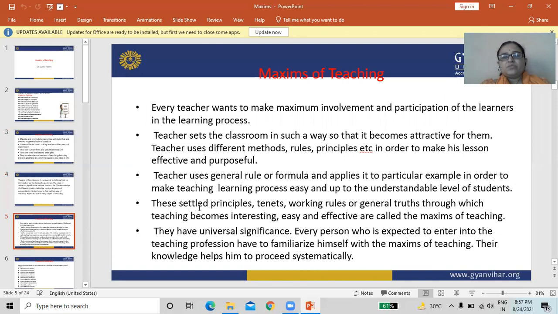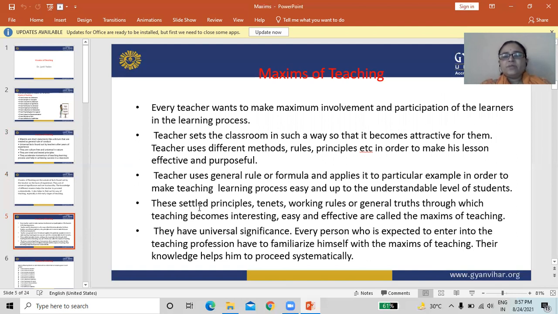Every teacher wants maximum involvement and participation of the learner in the learning process. The teacher sets the classroom in such a way that it becomes attractive for them.